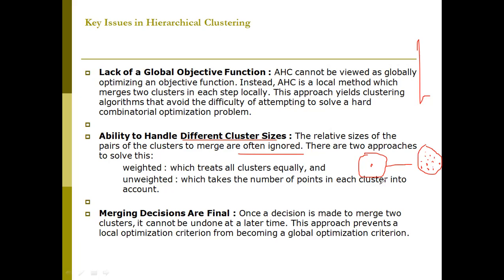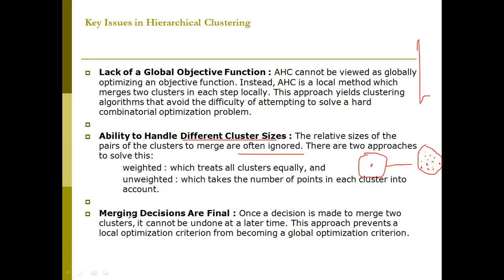So that's why, apart from the size, you need to combine one cluster with another. So this is the ability to handle different cluster sizes. How is it possible? You may treat all clusters as being of equal size. You can assume the two clusters are of equal size and treat both equally. Then you may combine one with another, right? That is the second issue.